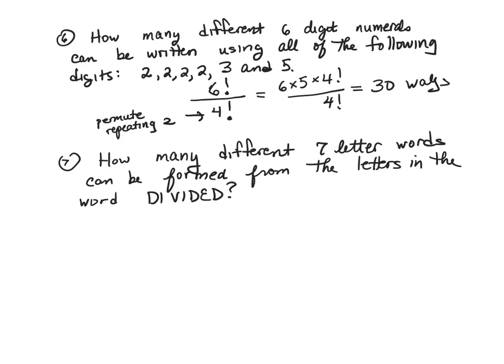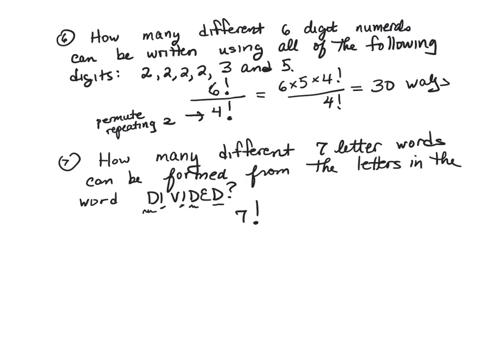All right, now in the next one, we want to see how many different 7-letter words can be formed from the letters in the word divided. Now, this word is different from something like lull or bubble. Here, notice we have 2 repeating I's and 3 repeating D's. If I had a 7-letter word that had all different letters, there'd be 7 factorial ways to permute that.